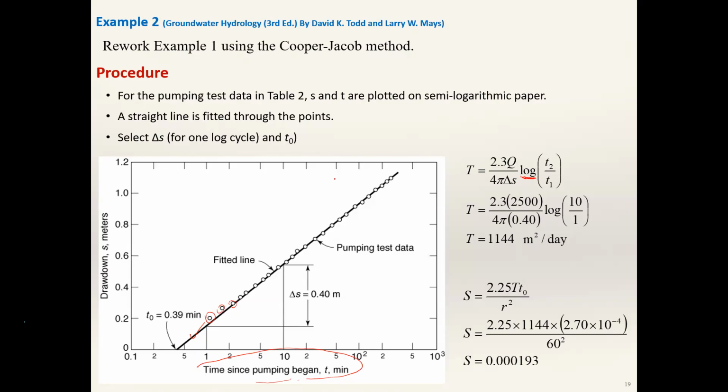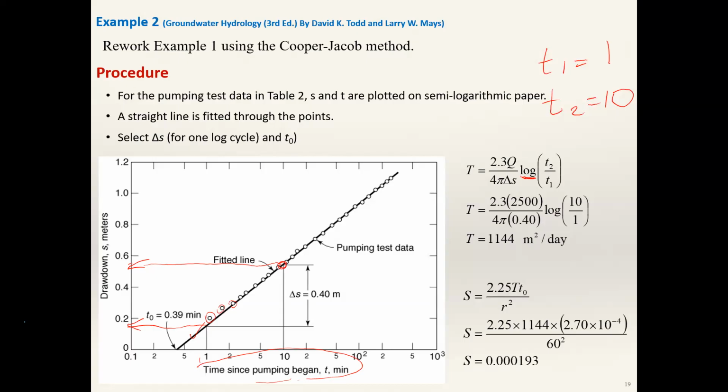What is the meaning of 1 log cycle? You find out the drawdown when time is equal to 10, and also the drawdown when time is equal to 1. So T1 is equal to 1, T2 is equal to 10. That is called 1 log cycle.